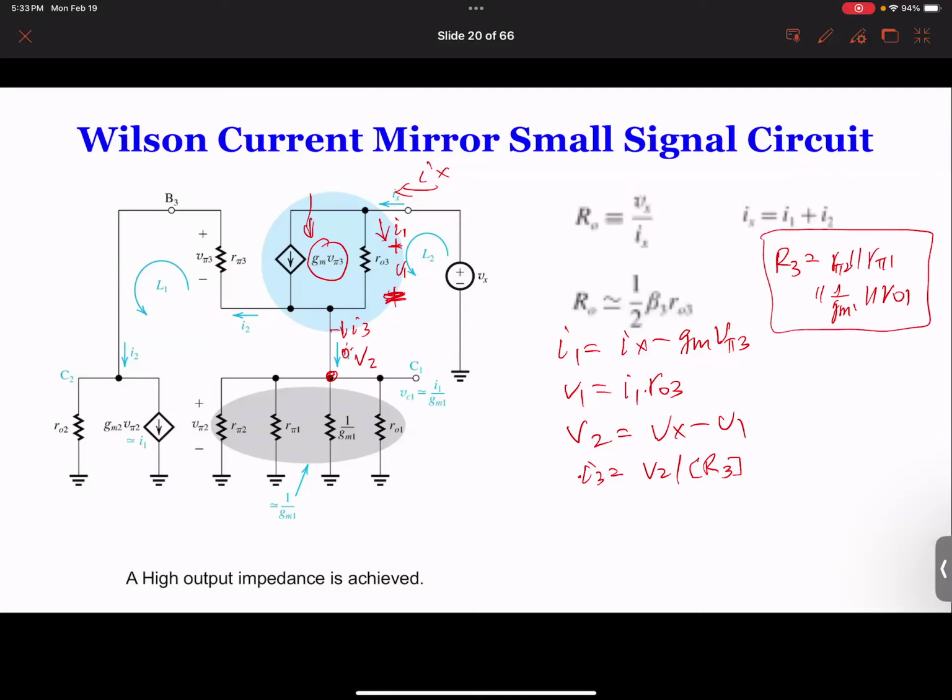So once you got this I3, and you have I2, or call this I4. So I4 equals Ix minus I3. And then you have Vπ3 equals minus I4 times Rπ3. Now you can calculate this V4.